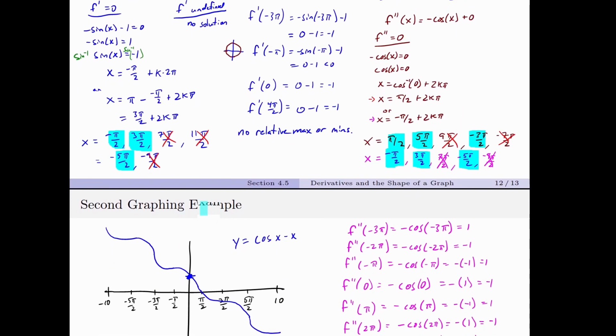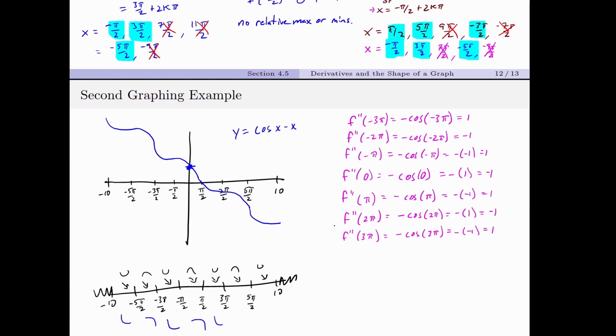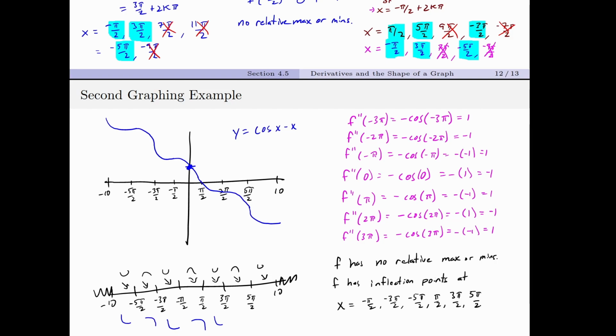It did not ask us to write this down, but maybe just as an extra, we could say that f has no relative maxes or mins. f has inflection points at x equals negative pi over 2, negative 3 pi over 2, negative 5 pi over 2, pi over 2, 3 pi over 2, and 5 pi over 2. Okay, that's it.